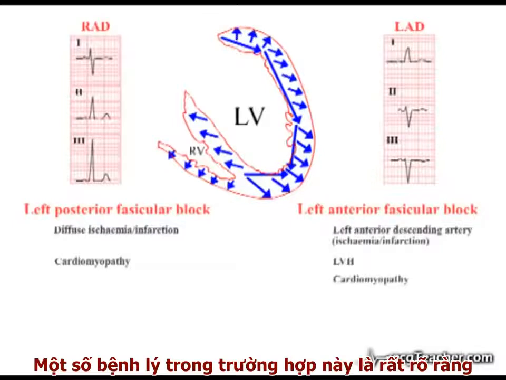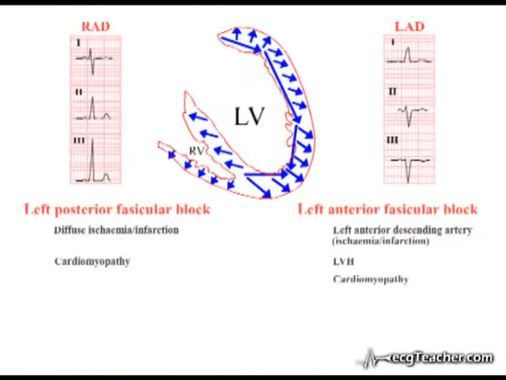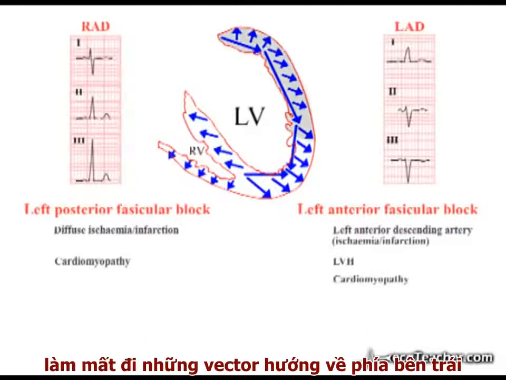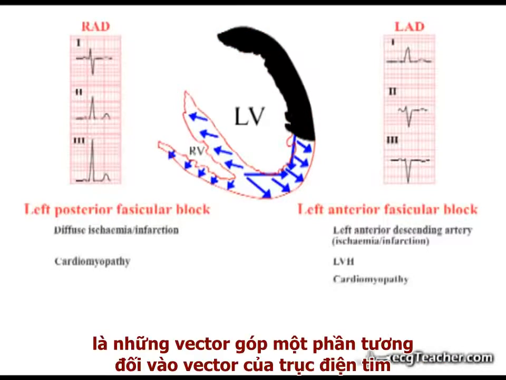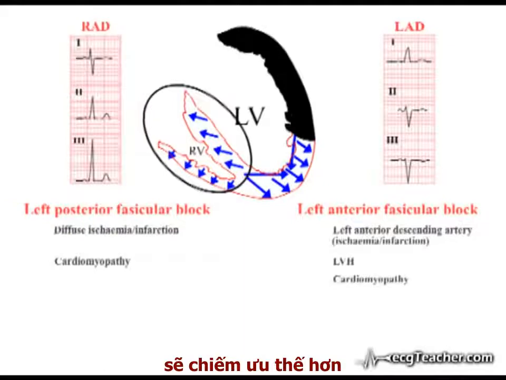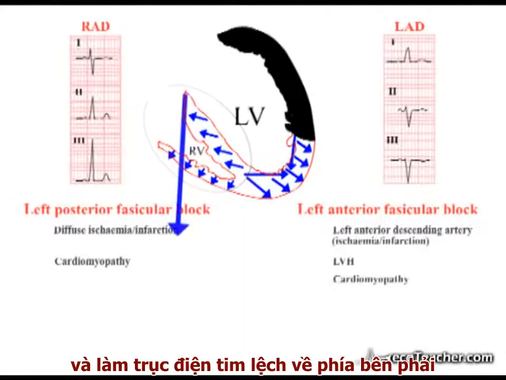Some of these are intuitively obvious. For example, in the presence of a large left lateral myocardial infarction with loss of left-directed vectors, the relative contribution to the cardiac axis of depolarization events directed towards the right may become more prominent, shifting the axis to the right.